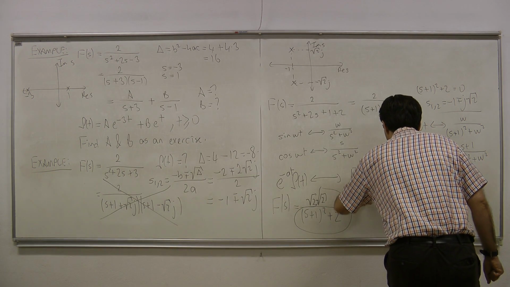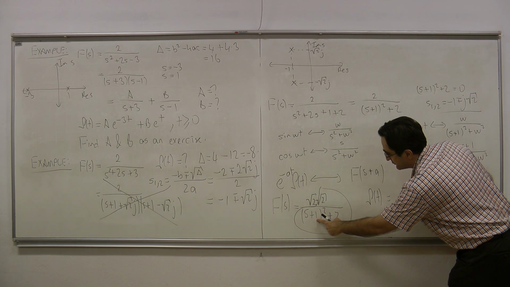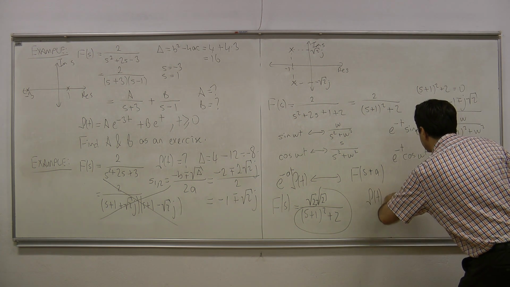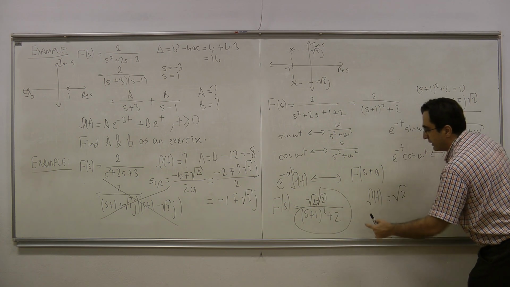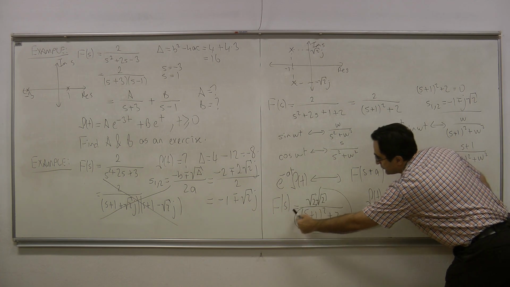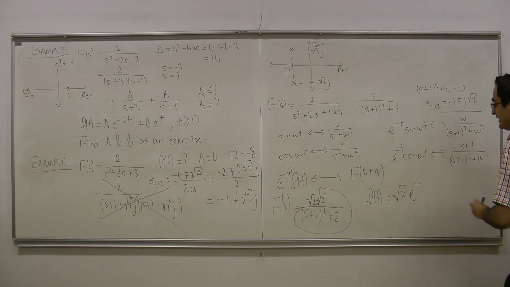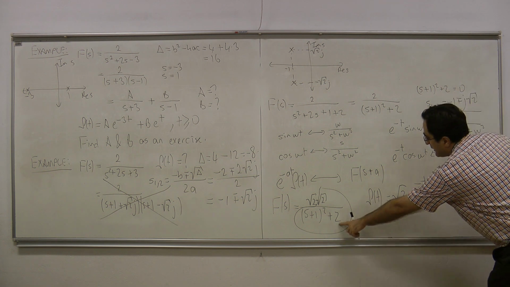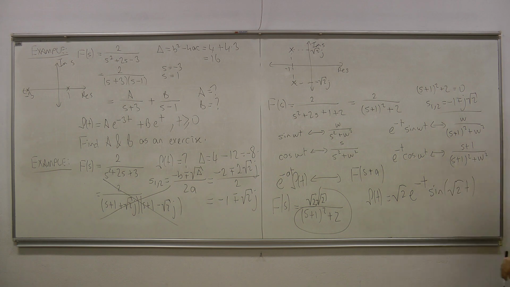So this is omega over s plus 1 squared plus omega squared. This is going to be square root 2, this multiplication here, times the inverse Laplace transformation of this term, and it is going to be e to the minus t times sine of square root 2 t.